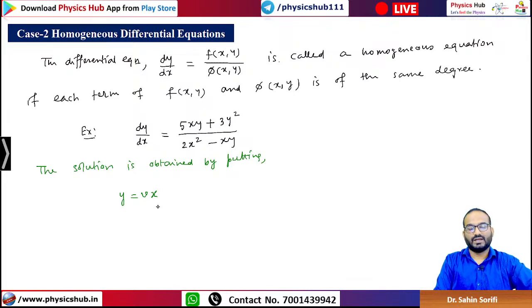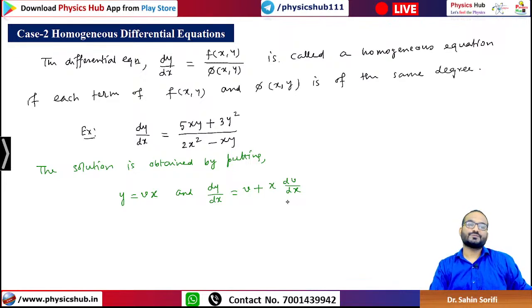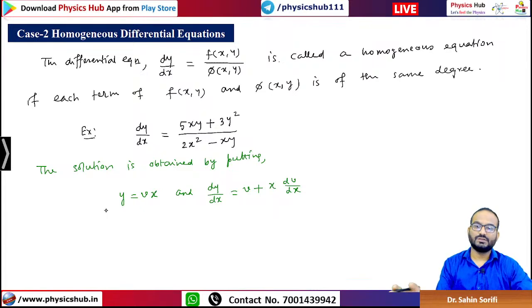If y equals vx, then dy/dx is nothing but v plus x dv/dx, and the rest of the calculation will follow automatically. So if you can identify a given differential equation to be homogeneous, you will straightforwardly do this transformation: y equals vx and dy/dx equals v plus x dv/dx, and then simplify.